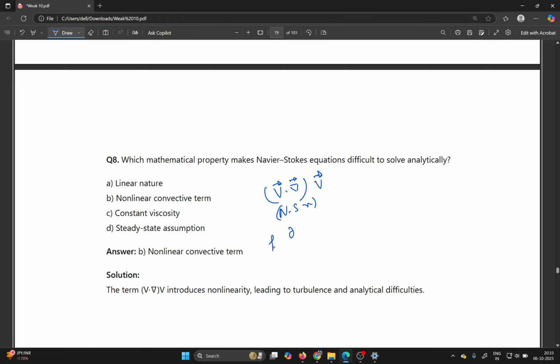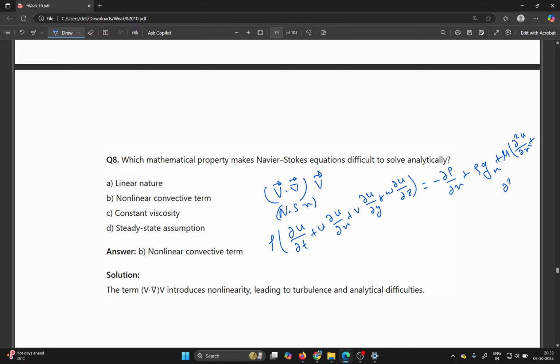So for incompressible flow: del u by del t plus u del u by del x plus v del u by del y plus w del u by del z equals minus del p by del x plus rho g_x plus mu times del square u by del x square plus del square v by del y square plus del square w by del z square.